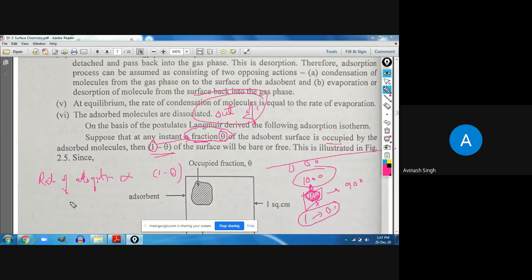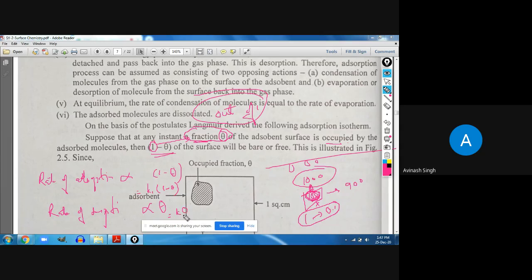And what about rate of desorption? It is directly proportional to theta. Now, proportionality हटाने के लिए let's put some constants: k1 into 1 minus theta, and k2 into theta.